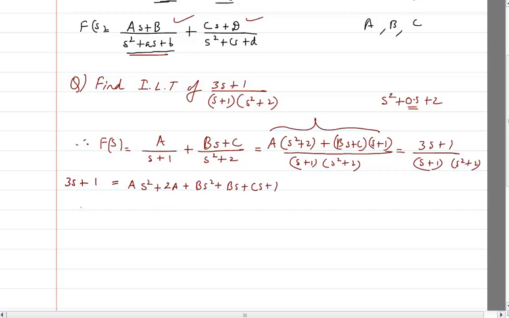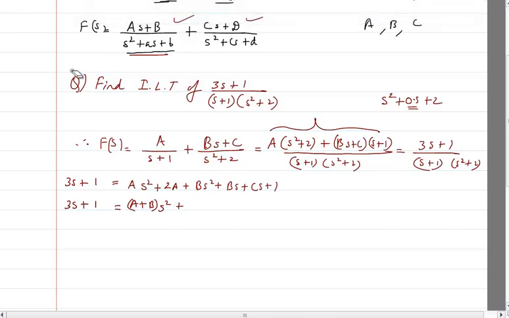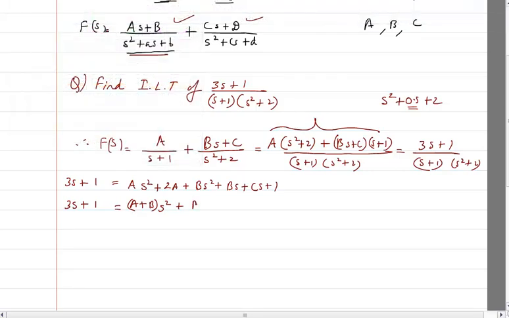And this again I can combine the power terms together, so I will get (a + b) for s². Similarly, for s terms I will get (b + c), so I will get (b + c) for s terms plus 2a + 1.